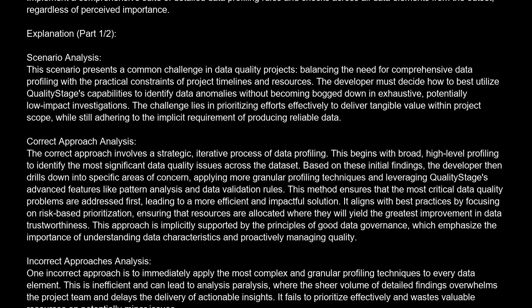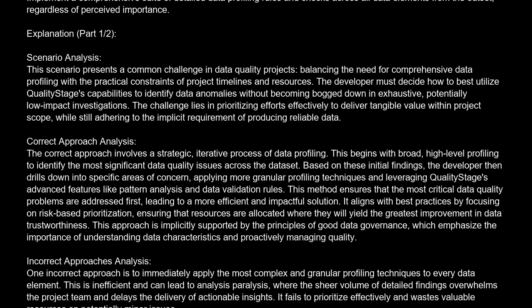This method ensures that the most critical data quality problems are addressed first, leading to a more efficient and impactful solution. It aligns with best practices by focusing on risk-based prioritization, ensuring that resources are allocated where they will yield the greatest improvement in data trustworthiness. This approach is implicitly supported by the principles of good data governance, which emphasize the importance of understanding data characteristics and proactively managing quality. Incorrect approaches analysis.